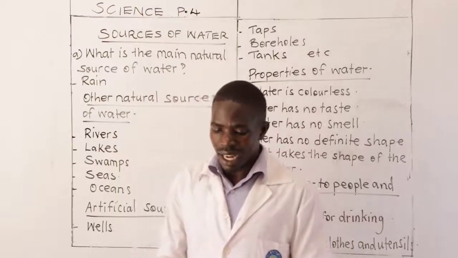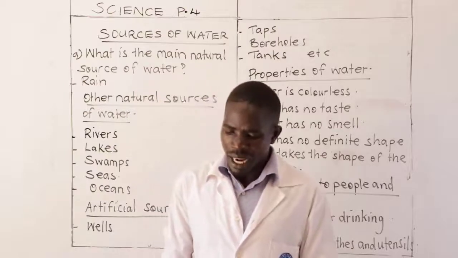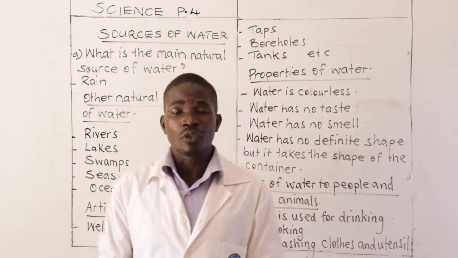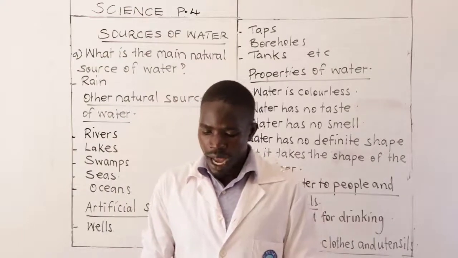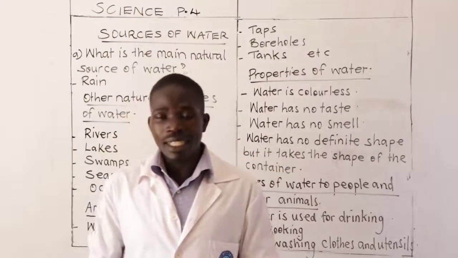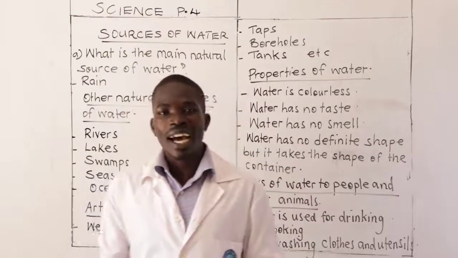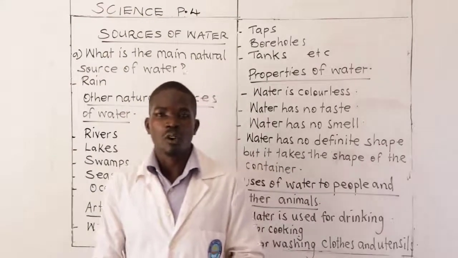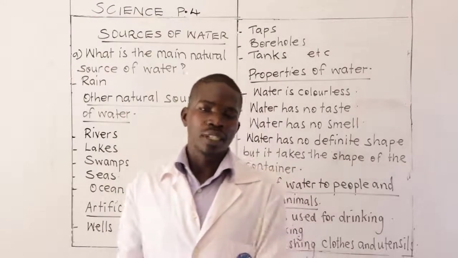Then we shall look at uses of water to plants. Plants use water for germination. For the plants to germinate, they need water. And plants use water for photosynthesis. They taught us about photosynthesis in our first topic on plants.